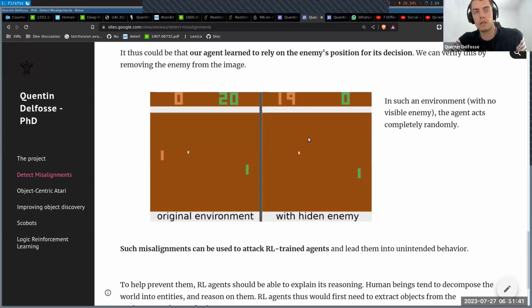And so this shows that even in the simplest game that is Pong, you have a misalignment opportunity that people have not really found beforehand. I mean, maybe they were not looking for that, but for me, that shows really that these misalignment opportunities are pretty much everywhere.